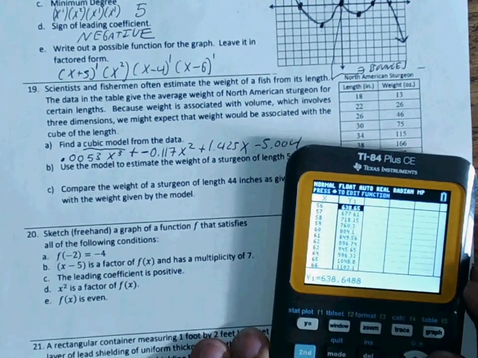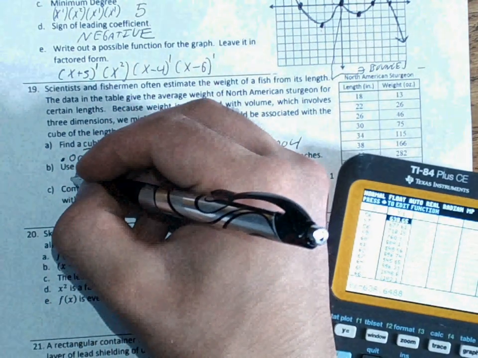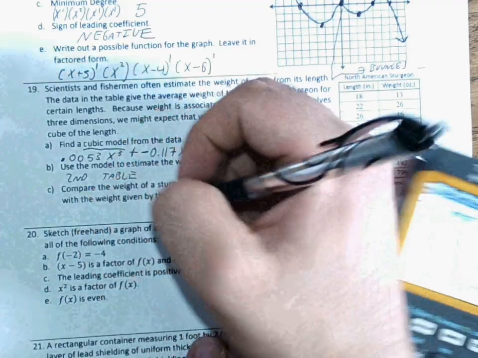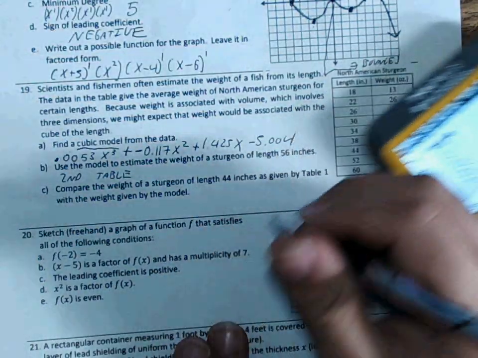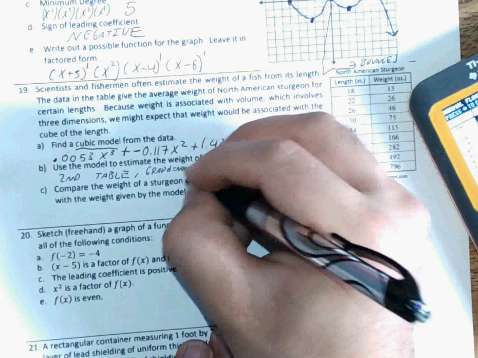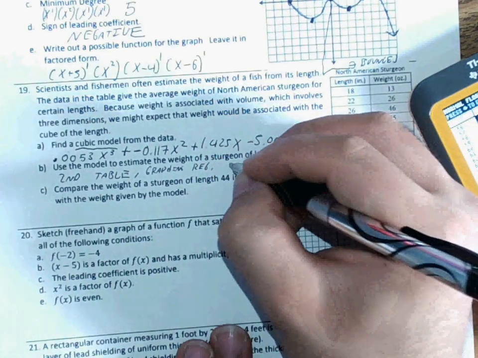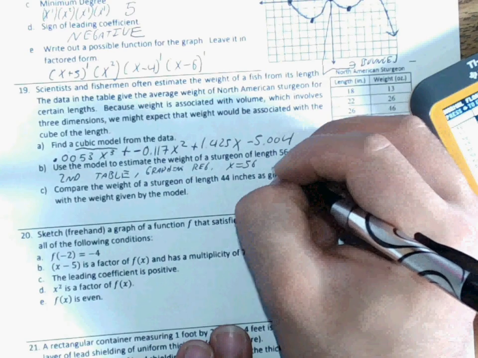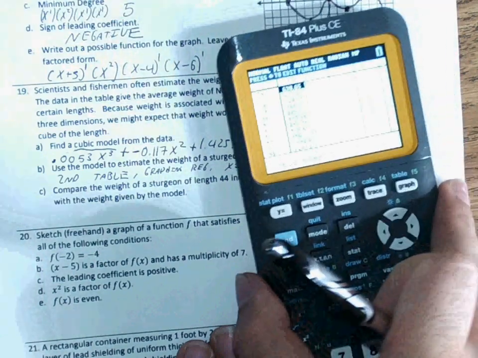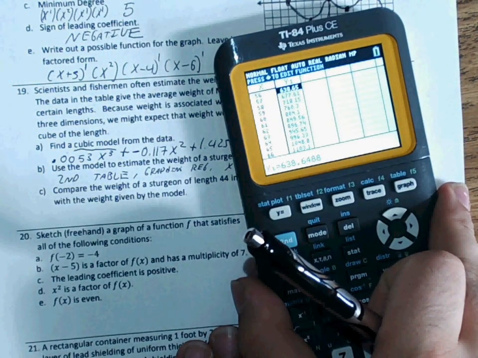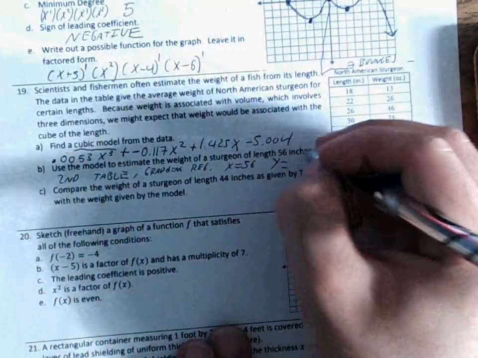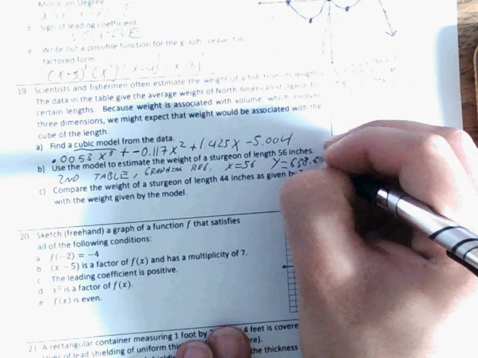y is 638.65. So using the table, graphing the estimate, graphing regression, when x equals 56, y is going to be equal to 638.65.